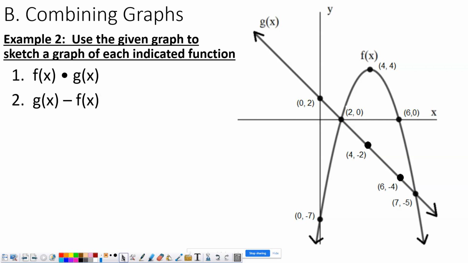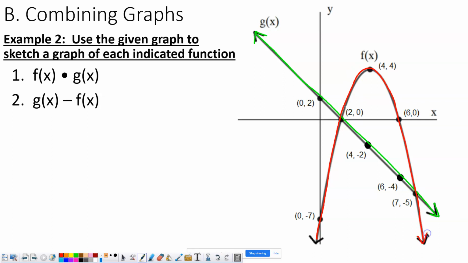what we have here is we've got 2 functions that we're looking at. We have the graph of g, which I'm going to make a green line here. G is what we're going to call the green one. And we'll call f the red one. So we have these 2 functions.